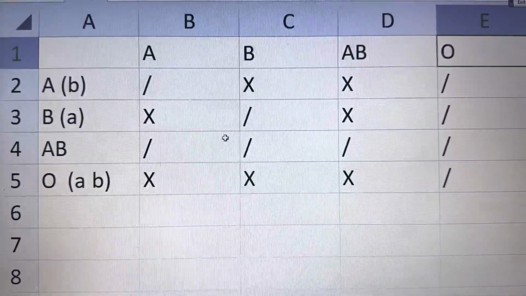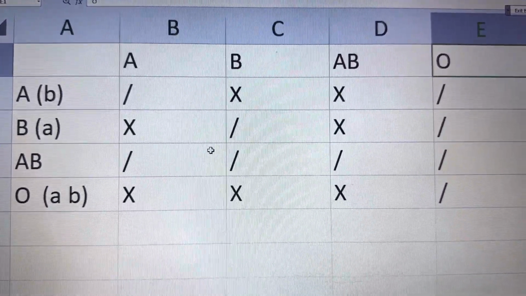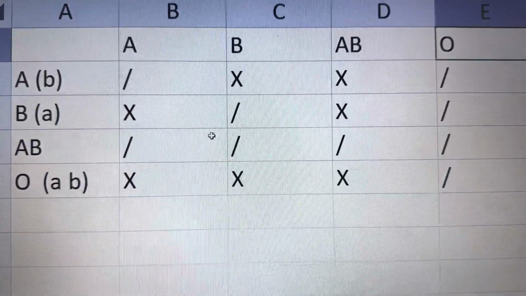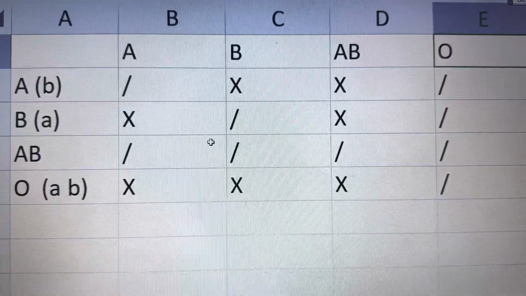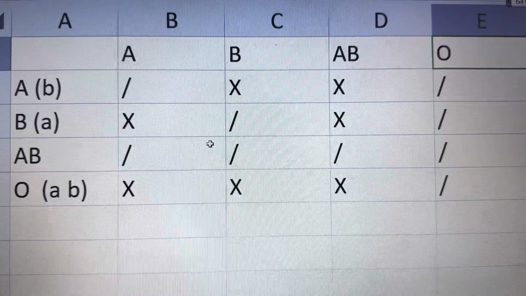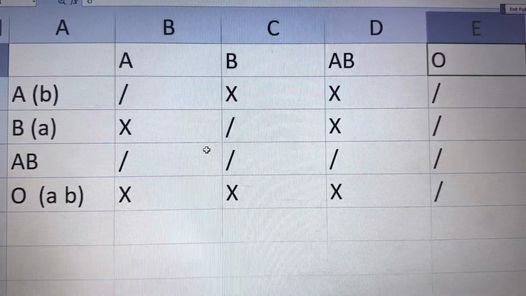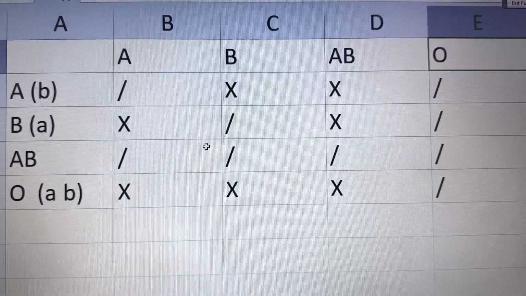So a person with blood group A has A antigen on the red blood cells and B antibodies in the plasma. And a person of blood group B has B antigen on the red blood cells and A antibody in the plasma. A person with AB blood group has A and B antigen on the red blood cells and no antibodies in the plasma.